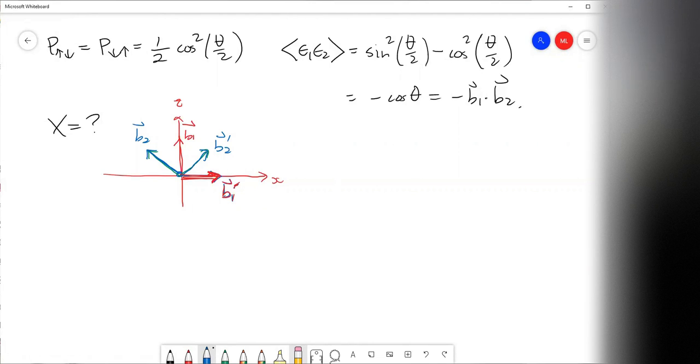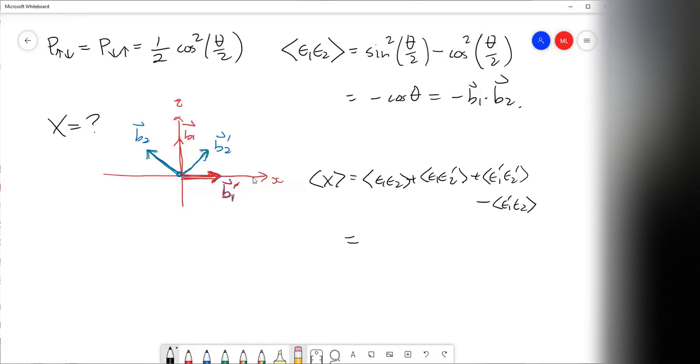So let's compute the expectation value of x. What would we get? We get the expectation value of these two guys plus these two guys plus these two guys. And we know what each one of these is going to be: minus the cosine of the angle between those corresponding directions.